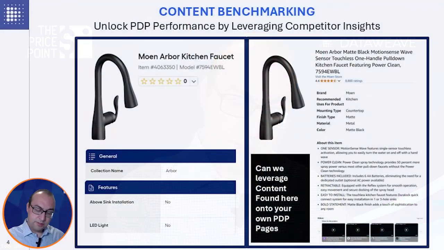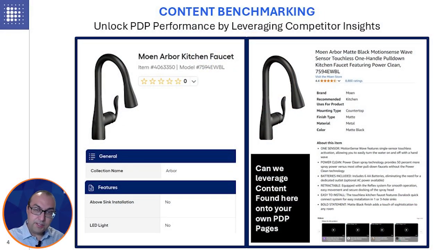In terms of benchmarking, again, this is really where you start leveraging competitor insights to help facilitate your own PDP pages. So you have a couple of examples here where I've got one example where the content on the PDP is almost non-existent, but I've got that same item at a competitor site, and you can take a look at the richness of the overall content.